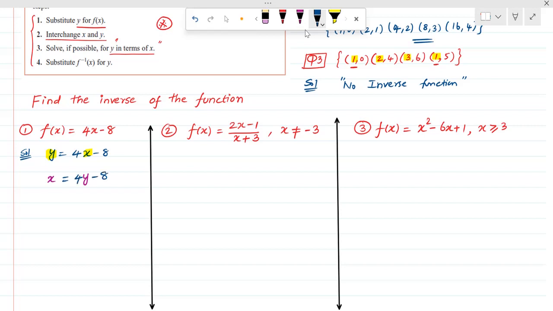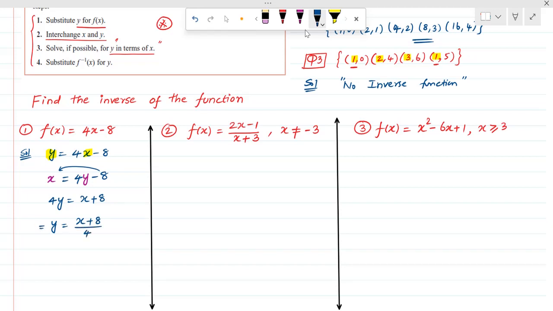Now I have to solve for y. Move it here, so you will get 4y equals x plus 8. Now y equals (x plus 8) over 4.